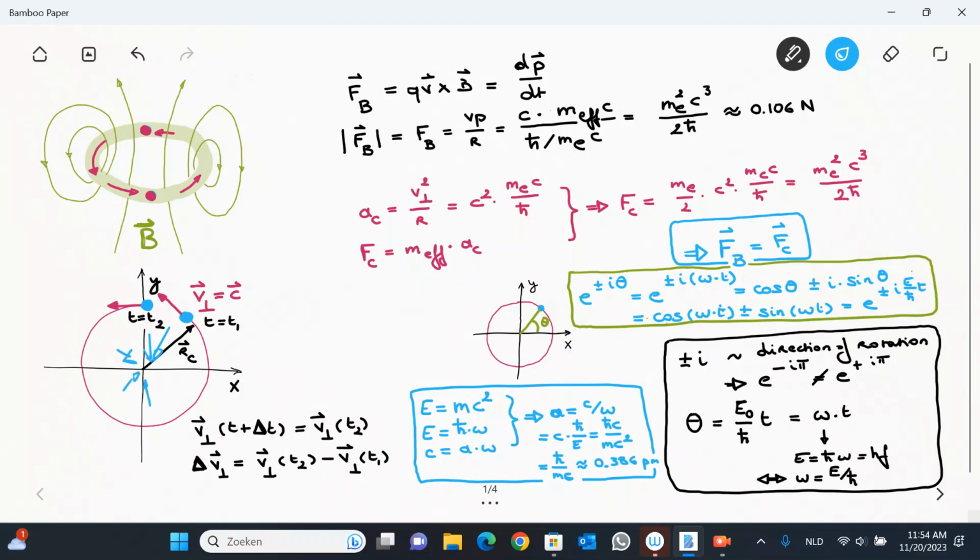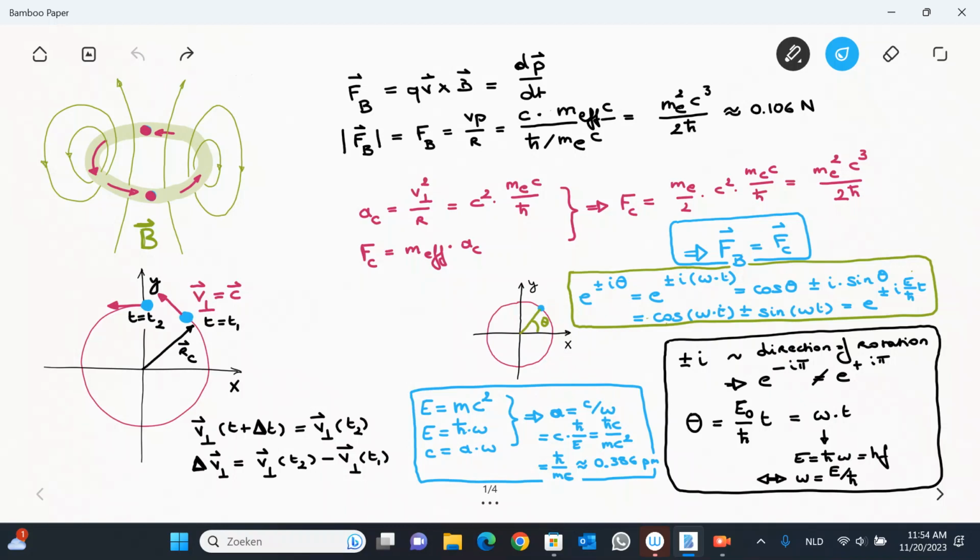We have this magnetic force that goes around, that is directed inwards, and it acts on a charge that is moving around and around and around.